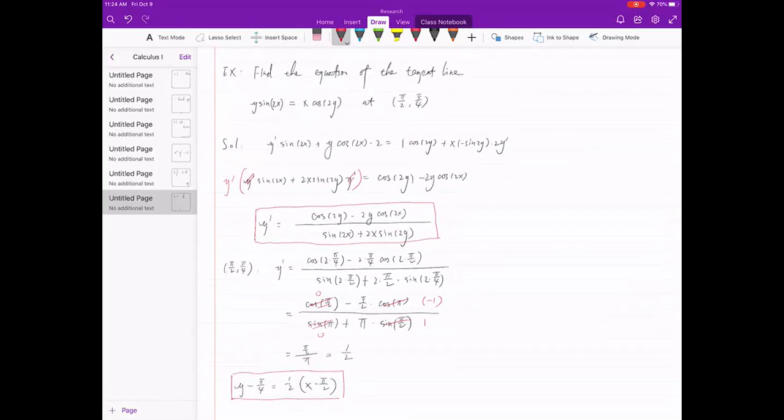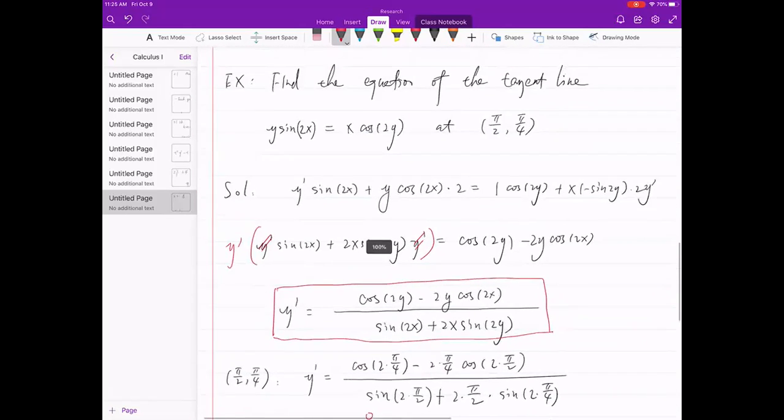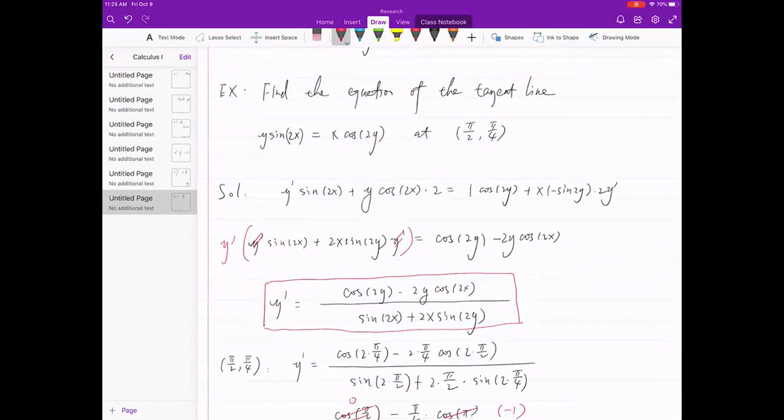Any questions? Anton: I still don't entirely get where you get the y prime in the beginning of the equation, because aren't you just doing the product rule instead of the chain rule? This, right? Yes.